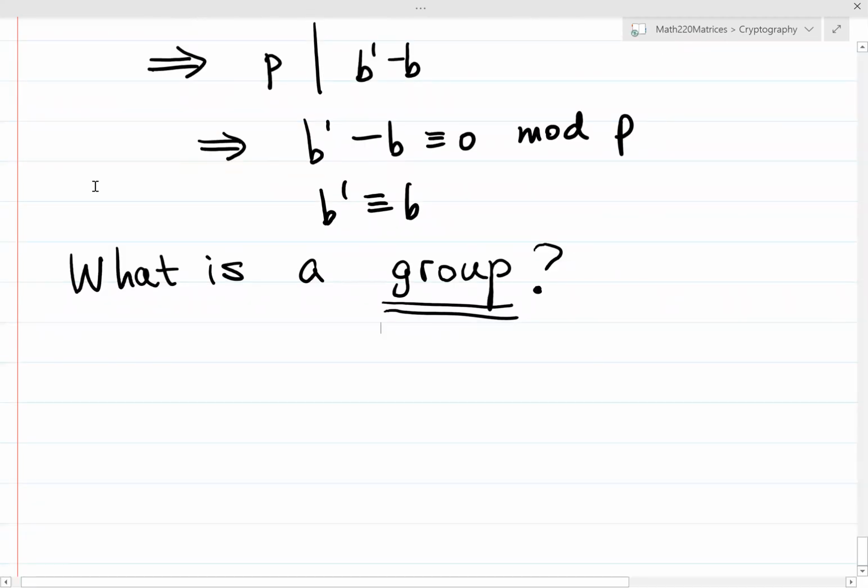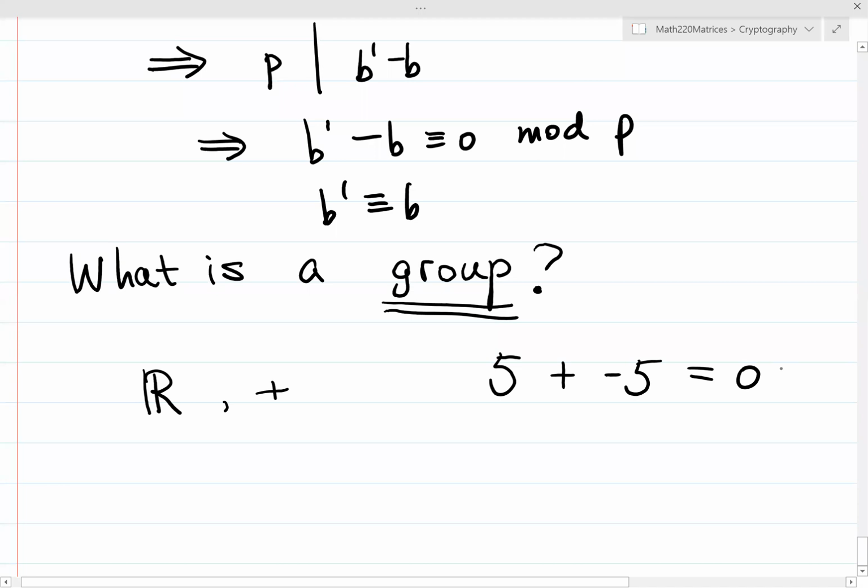For instance, take the real numbers as a group with respect to addition. Any number has an inverse. For instance, 5 has inverse negative 5, because 5 plus negative 5 gives 0. So here 0 is the identity.